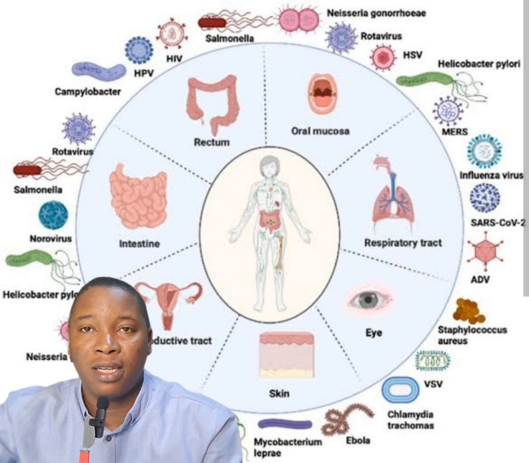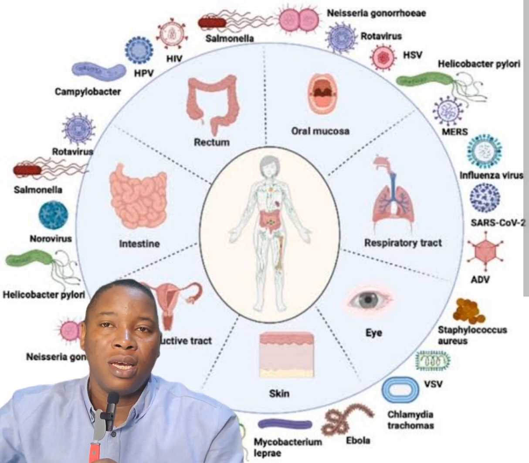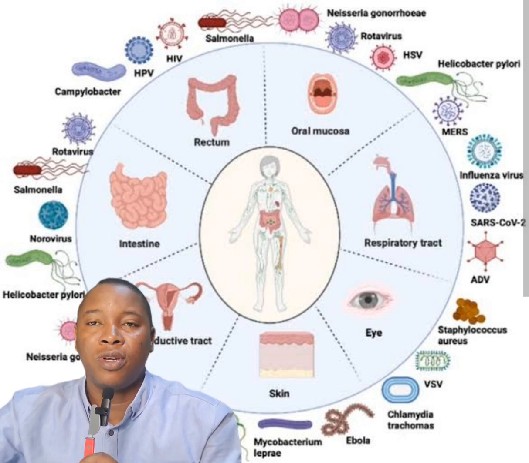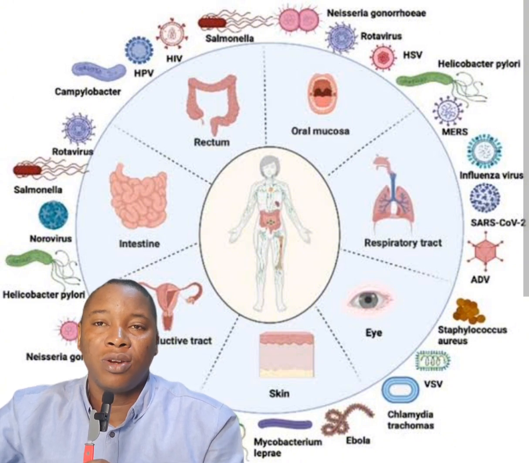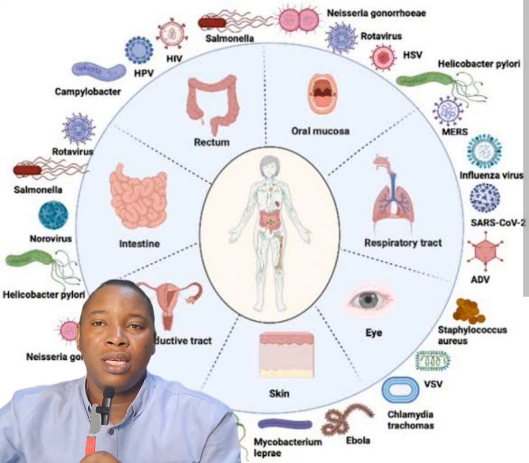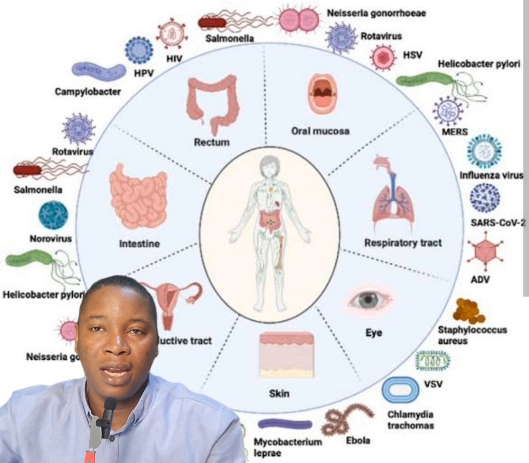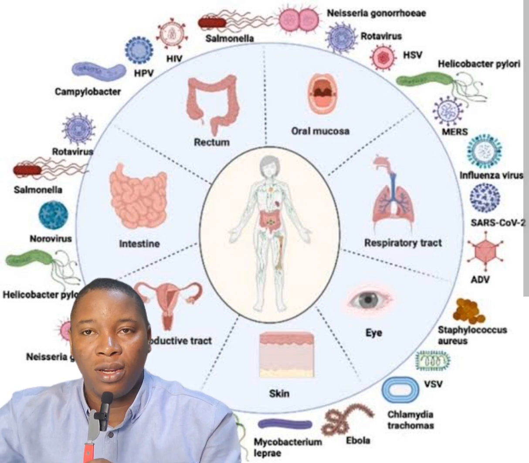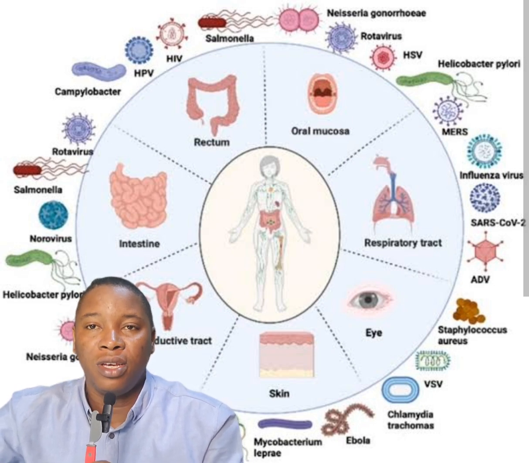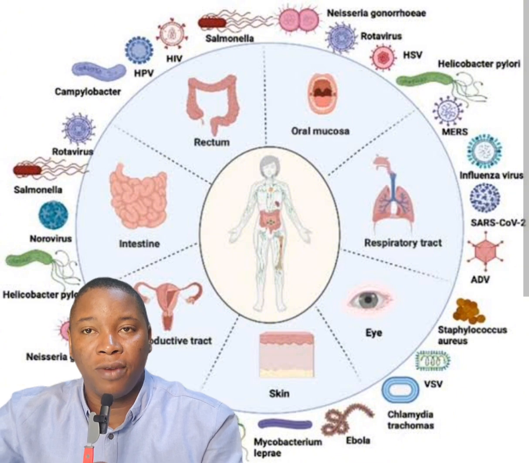And Enterococcus faecalis is particularly important because it affects a lot of women, and it is because of the proximity, the closeness that exists between the anal orifice and the opening of the vagina or the vulva, where you have the urethral opening for women.